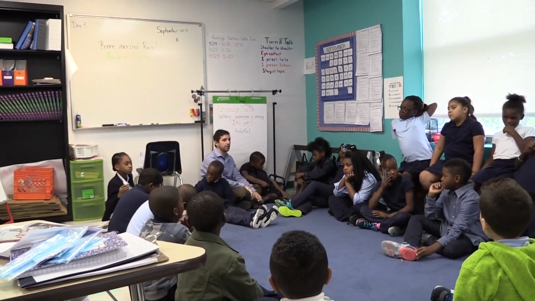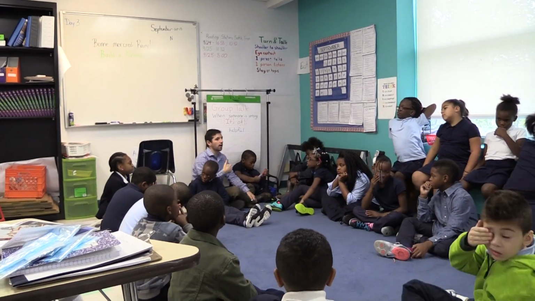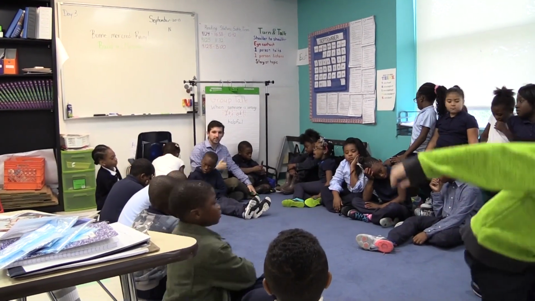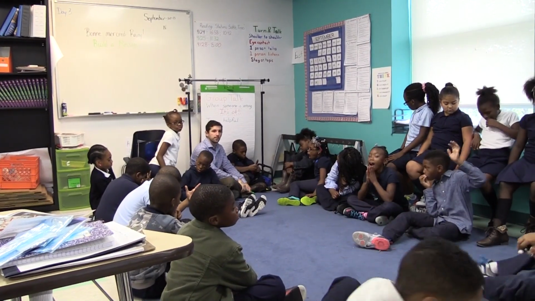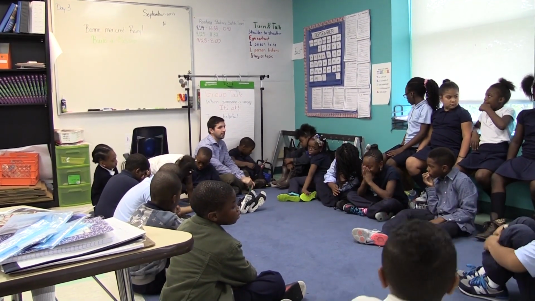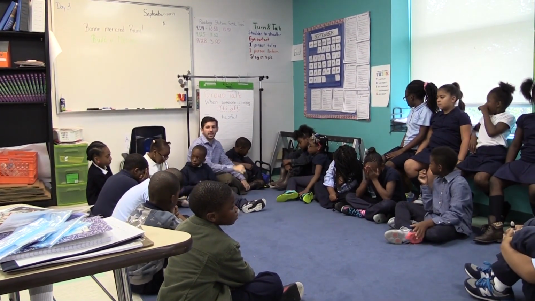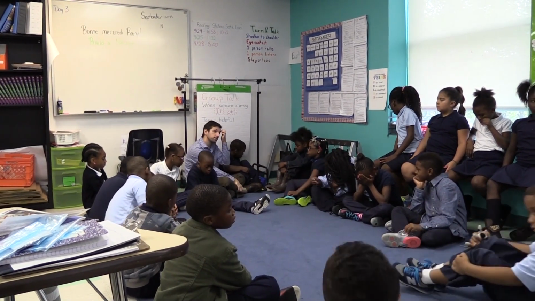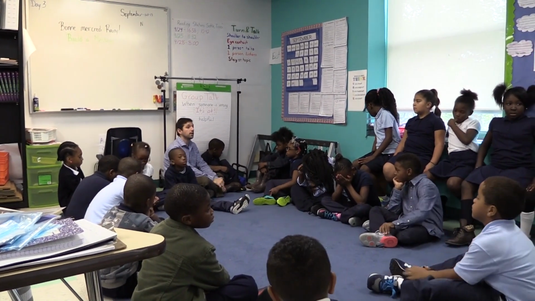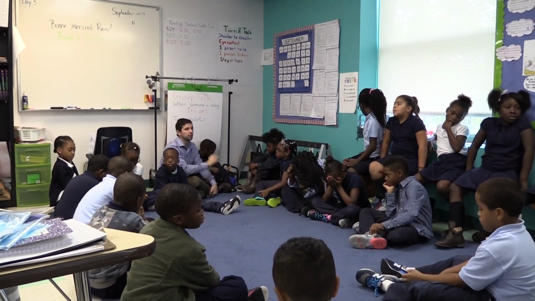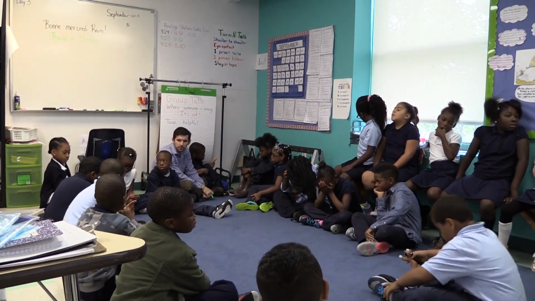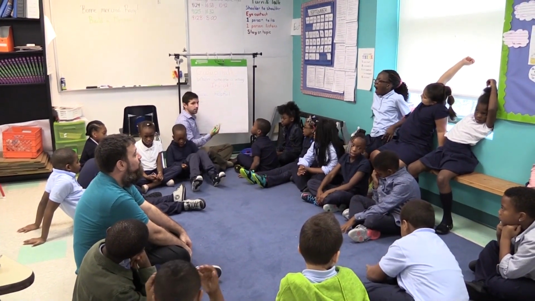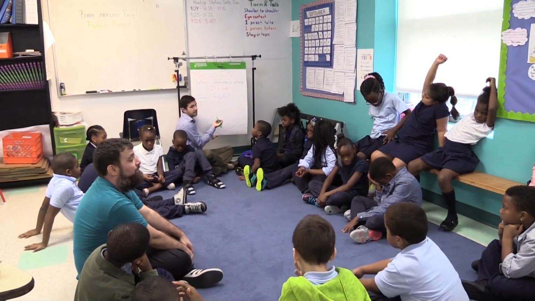An I statement means that we start with I, right? Talking about yourself. Because it's very different to say, I think the right thing should be this, versus, you should be doing this. So we're going to say our I statements.